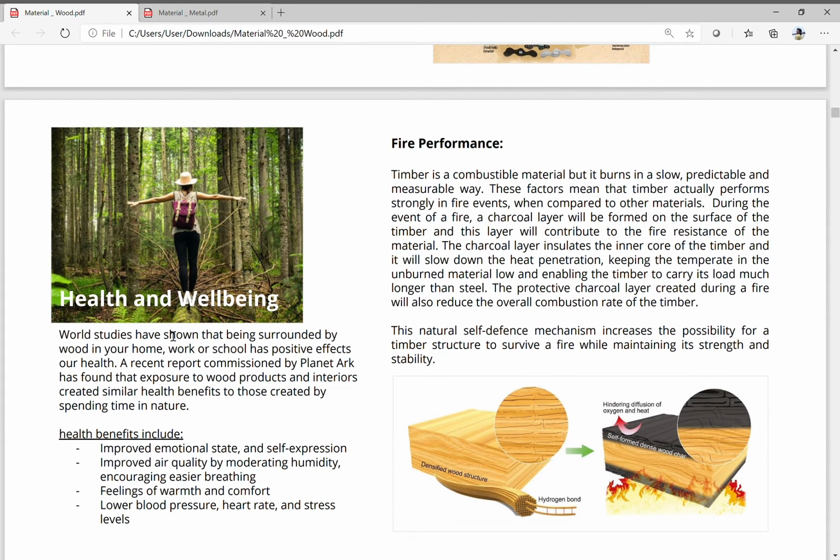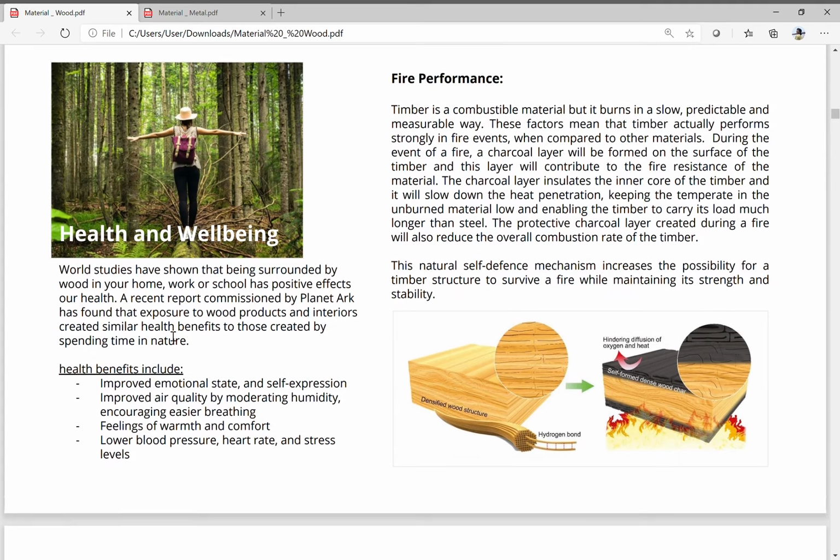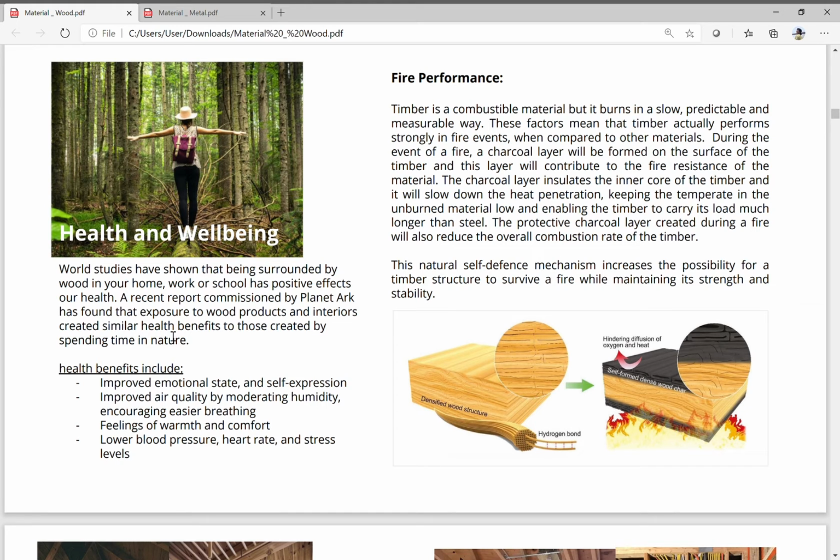Okay. So for wood, health and well-being. Given that wood is derived from nature, it connects us and gives us the valuable feeling of being with nature. As described here, the presence of wood or natural materials improves your emotional state.